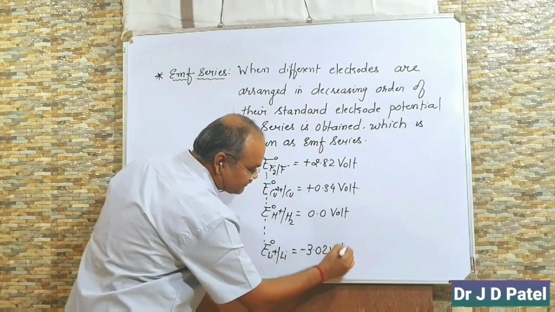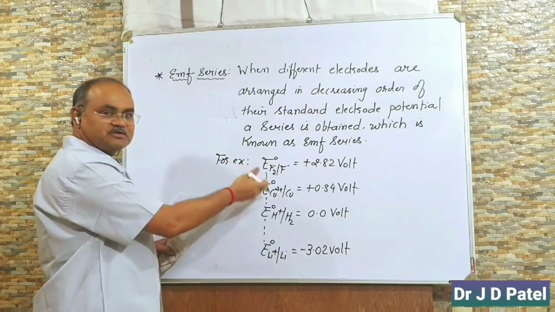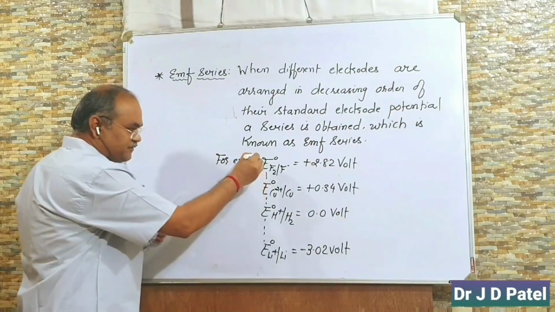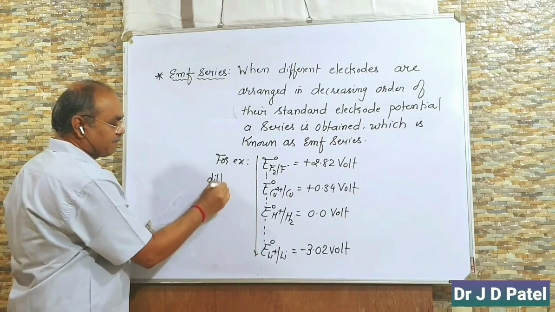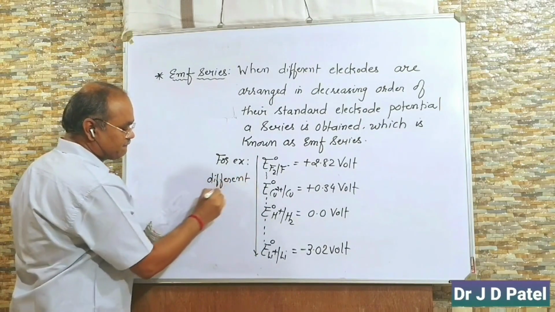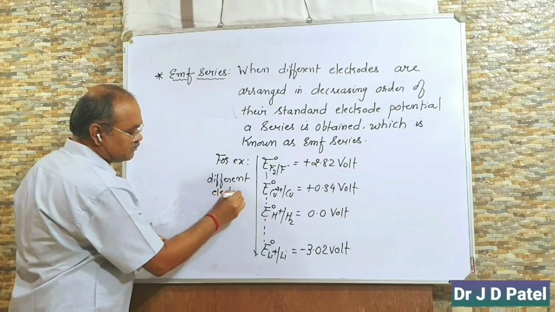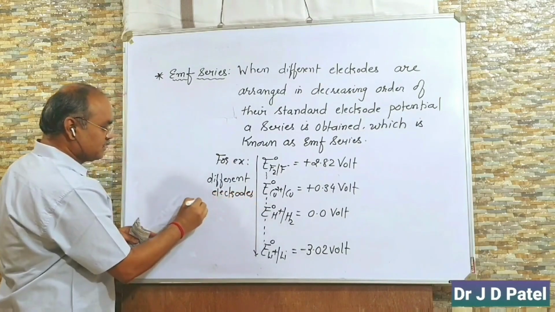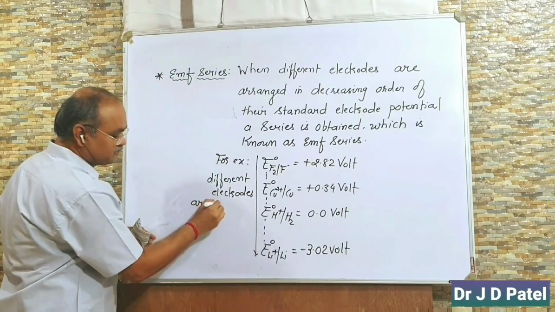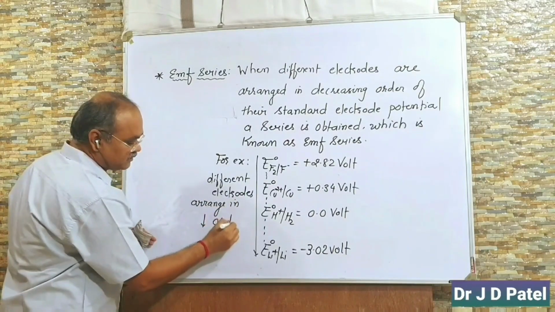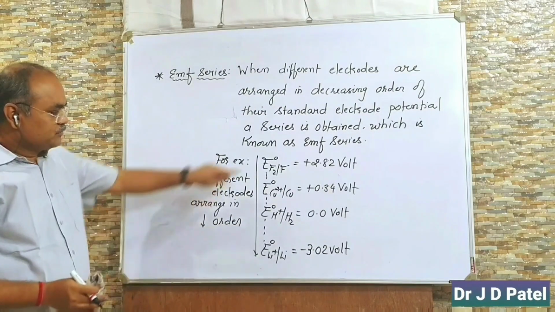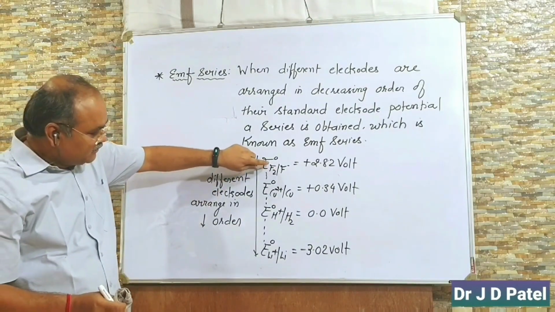So now check, are these different electrodes arranged in decreasing order? So when you are arranging different electrodes, fluorine, copper, hydrogen, lithium, there are so many in between.